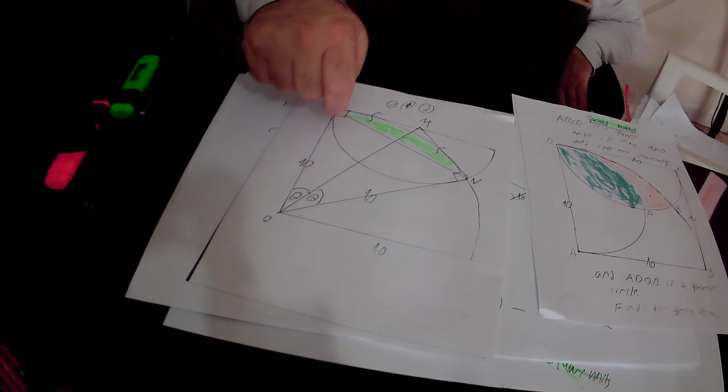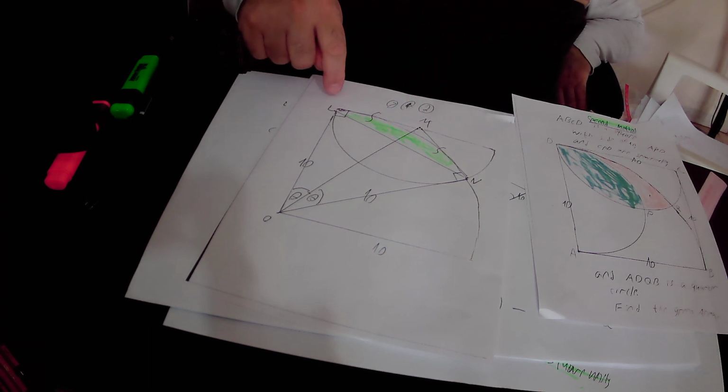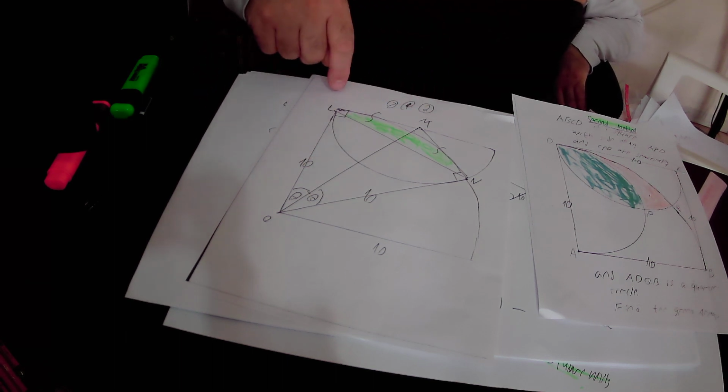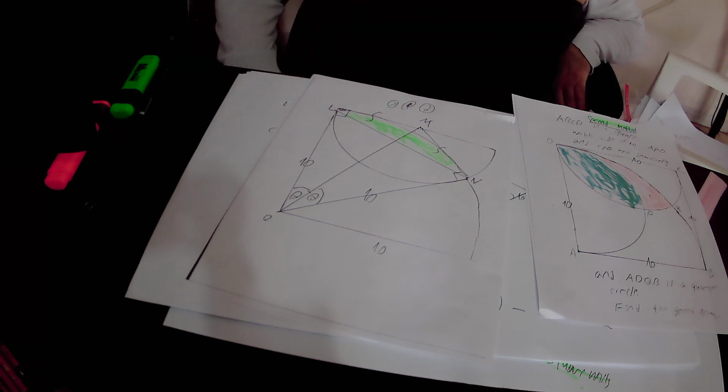Whenever we have a radius drawn to the point of tangency, then tangent ML will be perpendicular to the radius LO. So if ML is perpendicular to LO, it means that this angle equals 90 degrees. Okay?